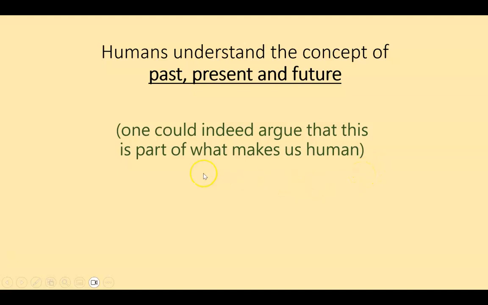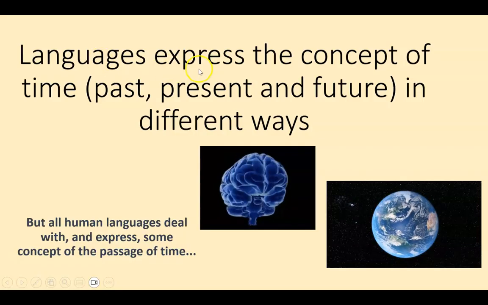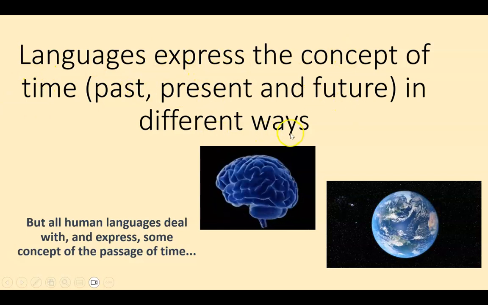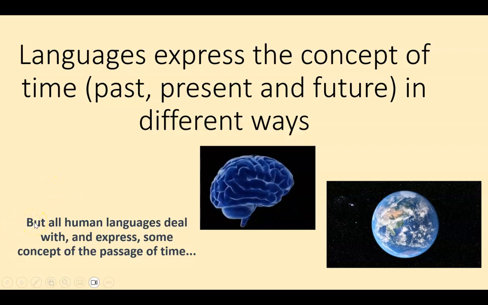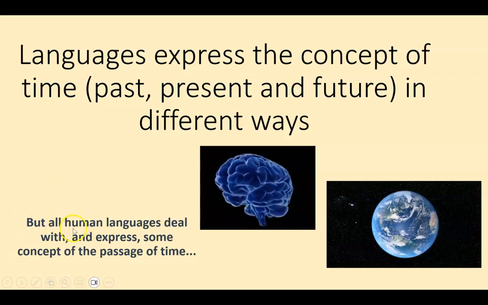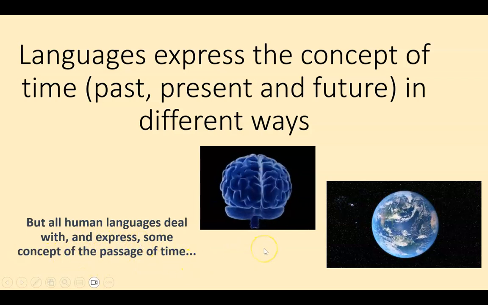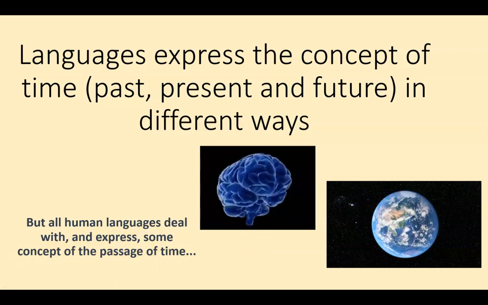My cat knows when it's time to be fed, and she lets me know by meowing at me, but certainly the understanding amongst humans is different, and it's because we have language that we're able to show it and express this concept, past, present, and future, in different ways in our different languages. All human languages deal with and express some concept of the passage of time. It's just we all do it differently in different languages.